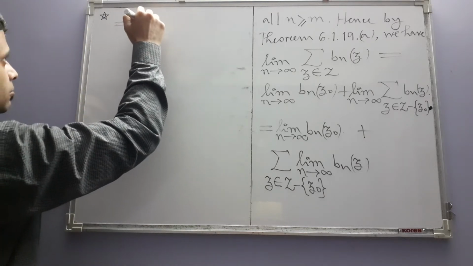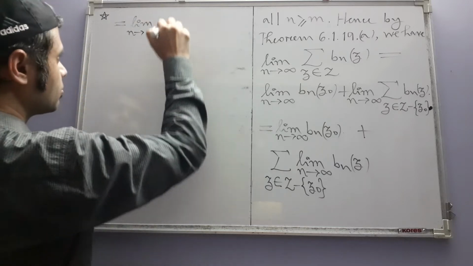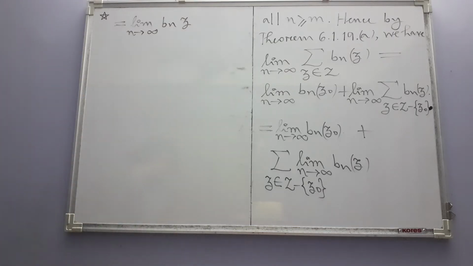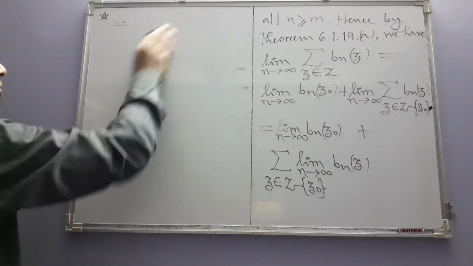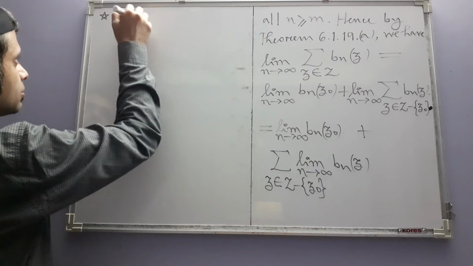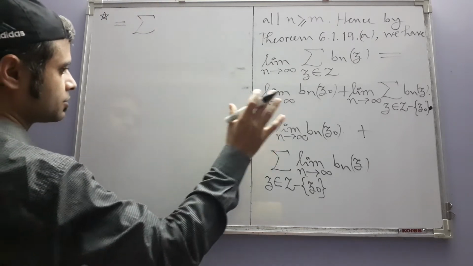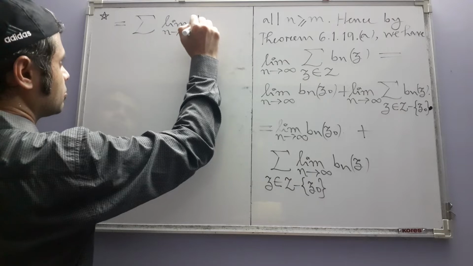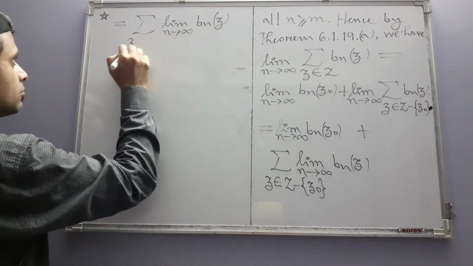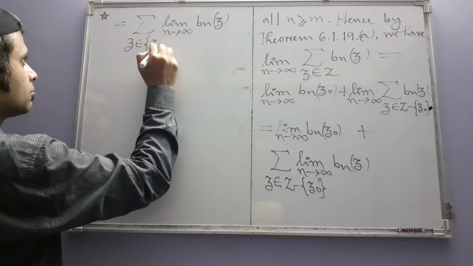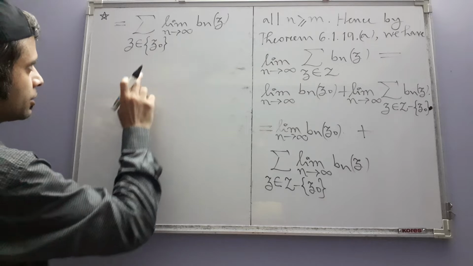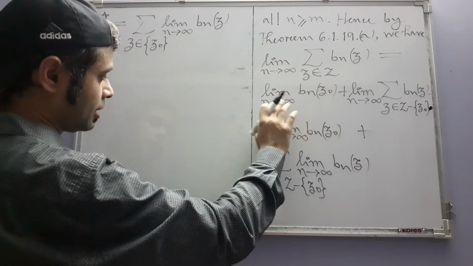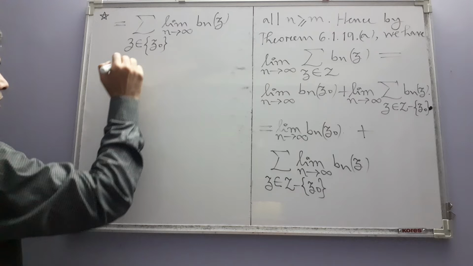Now this is equal to, oh, so I need to write this itself as a sum, this first limit. Which of course we can do because this is a singleton set, so the sum will be this. In fact, here also we could have done that, but let's just not waste time on that anymore.